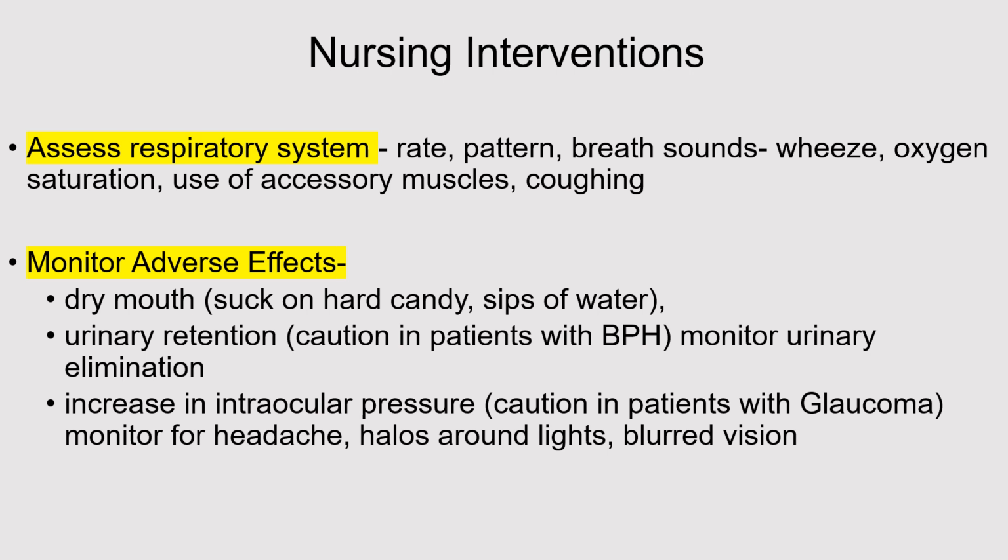If there is a problem with voiding, then you would have to contact the provider. For increased intraocular pressure, you should know what to watch for: headache, halos around the lights, blurred vision. Sometimes patients will also have nausea and vomiting. Those are the main nursing interventions that you would do for a patient taking a muscarinic antagonist.